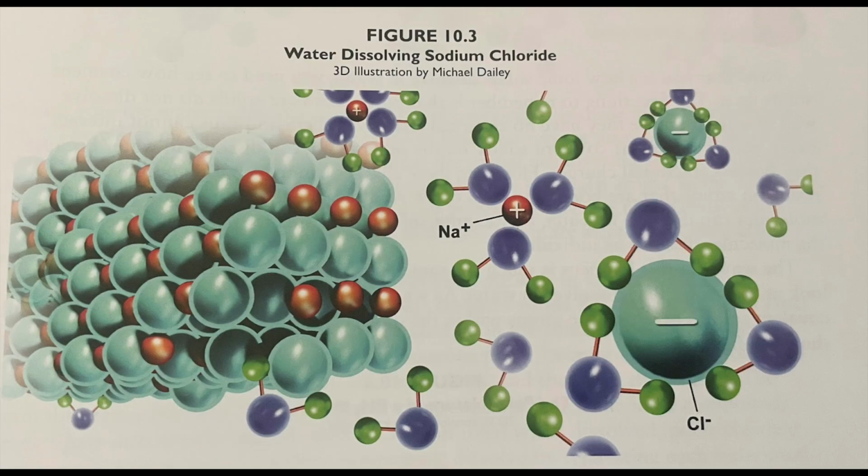The negative parts of water, the oxygens, end up being attracted to the sodiums, but then the positive hydrogens end up getting attracted to the chlorides. And so all of these little water molecules end up pulling off the ion, sodium or chloride, and surrounding it. And this is what is called solvating.